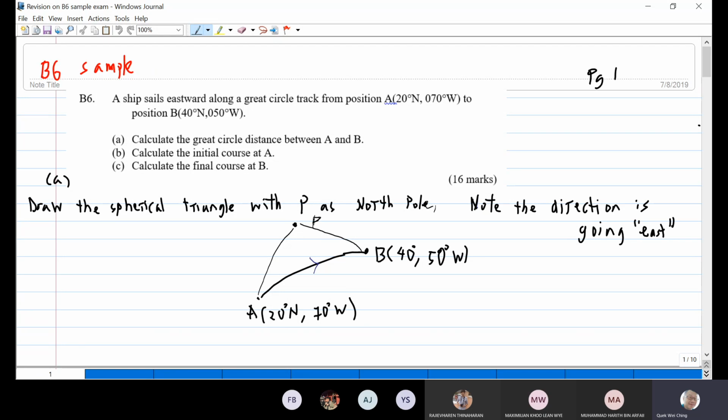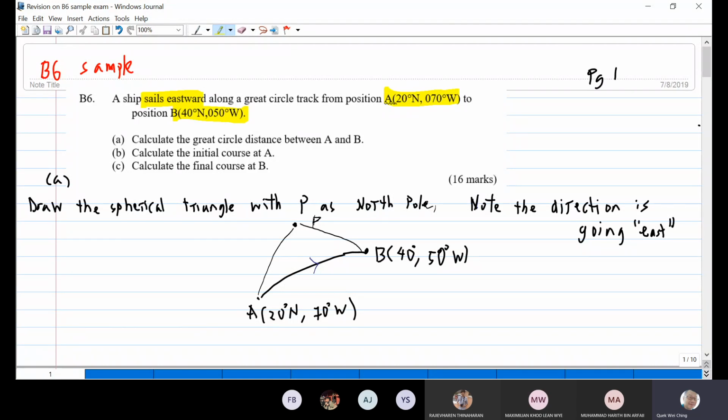Let's try to figure out the question. The ship sails eastward. So the important thing is to look at the sail from the east side, right? Sail to the east side here, along the great circle from point A to point B. So actually the ship sails from point to point, and you're going to form a triangle. How do you draw a triangle?